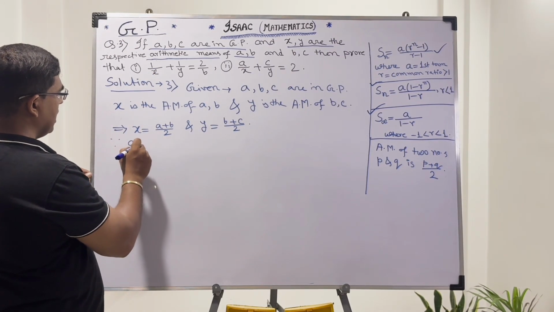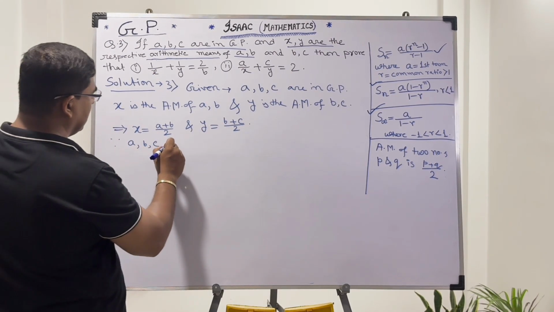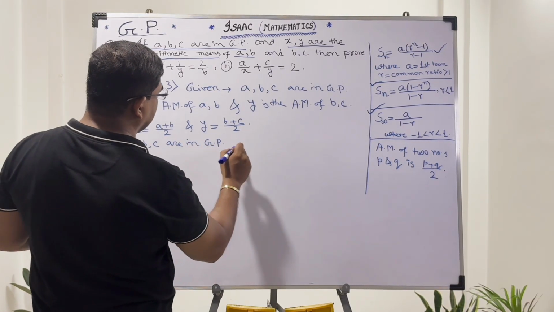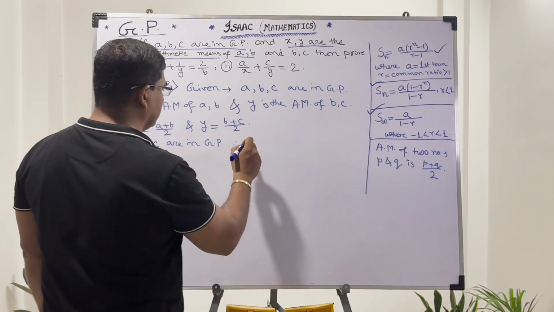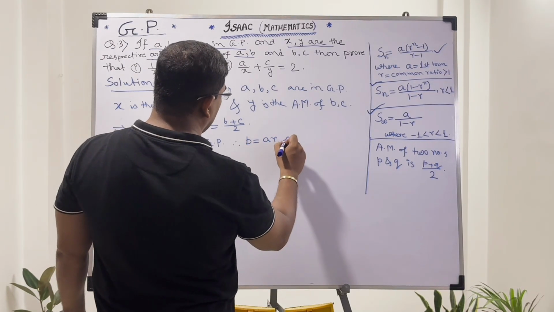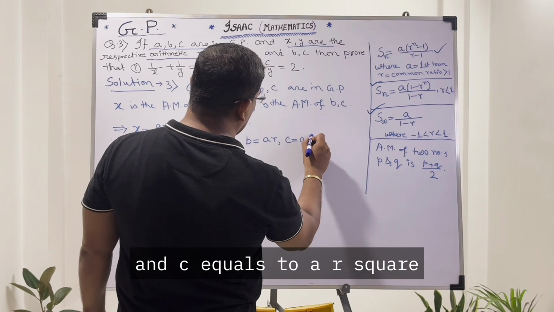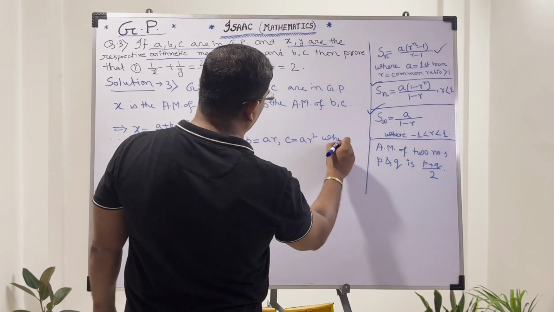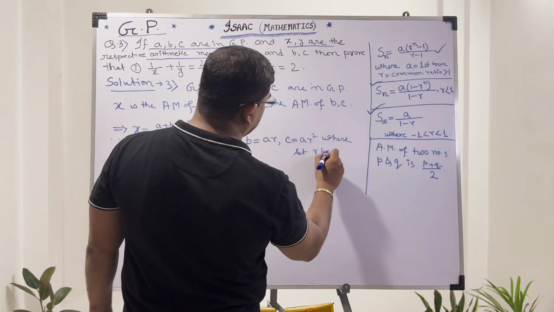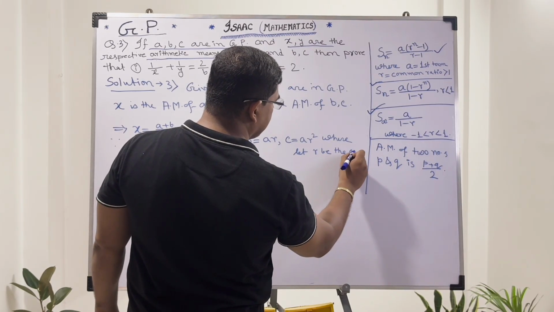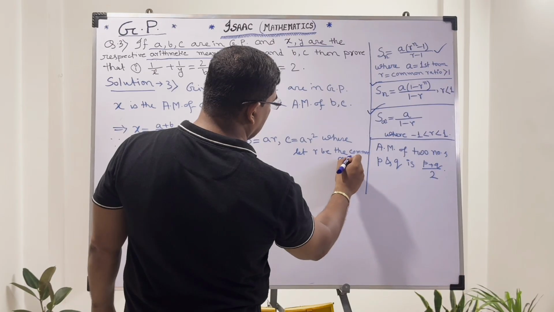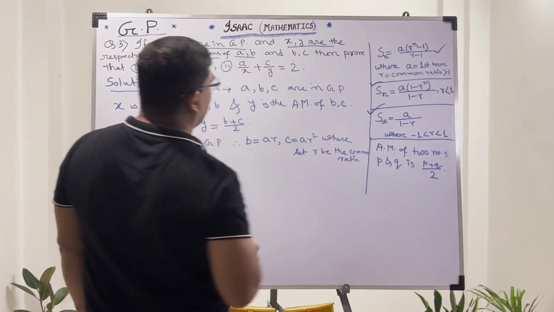Since A, B, C are in GP, therefore B equals AR and C equals AR square, where R is the common ratio.